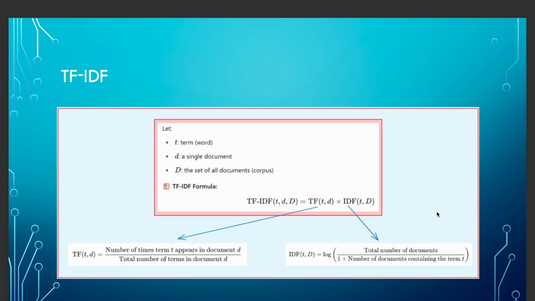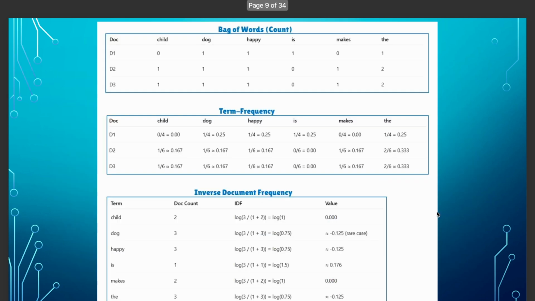So let's look into an example to make this clearer. We had this example of three sentences or three documents, which we saw in the BoW. We have the BoW representation of the three documents, and from this we can calculate the term frequency. Basically, term frequency is dividing each element in the vector by the total sum of that vector.